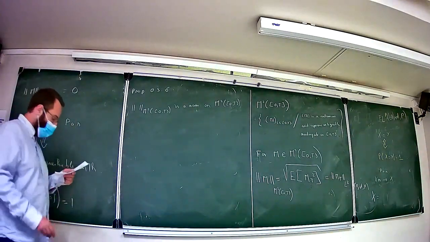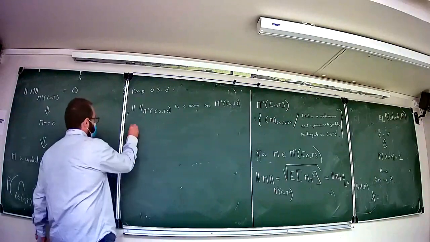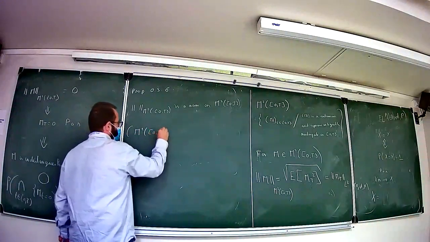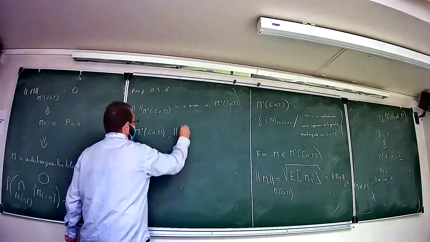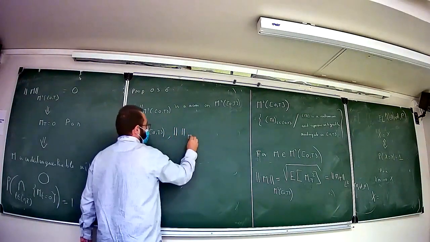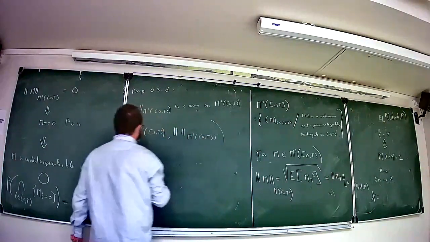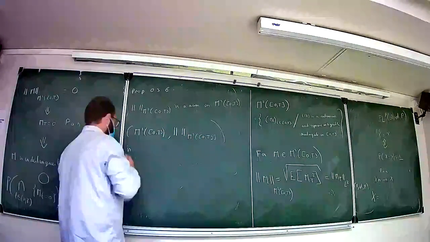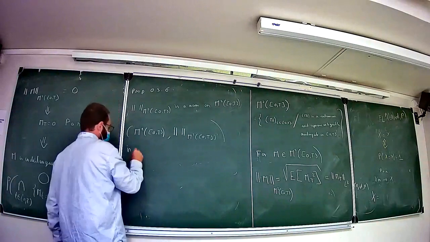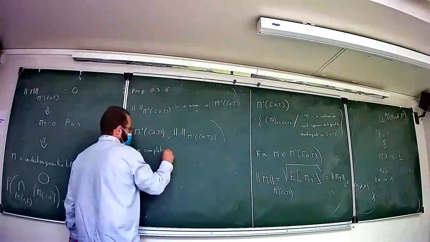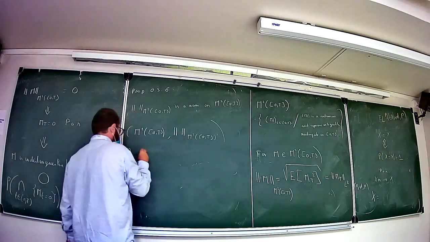And the second part is that M2 of [0, T] equipped with the norm here is complete, or is a Hilbert space.